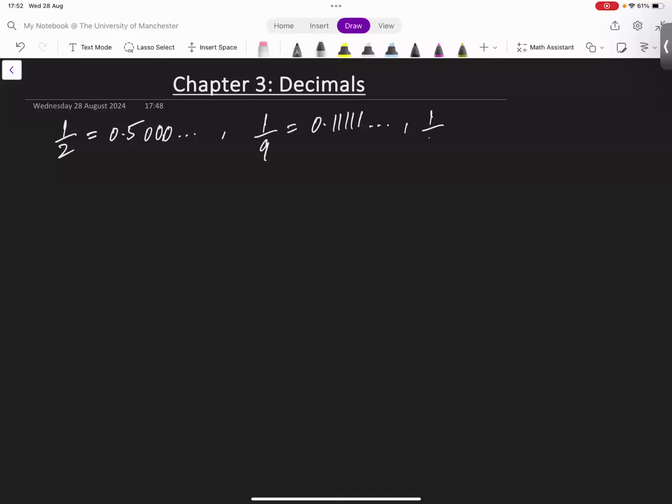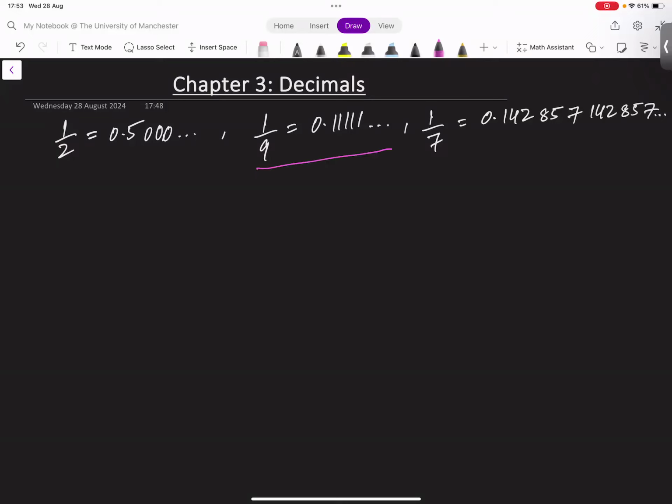We know that 1/7 is 0.142857142857, and so on. But what do we mean when we write, for example, that 1/9 is this?